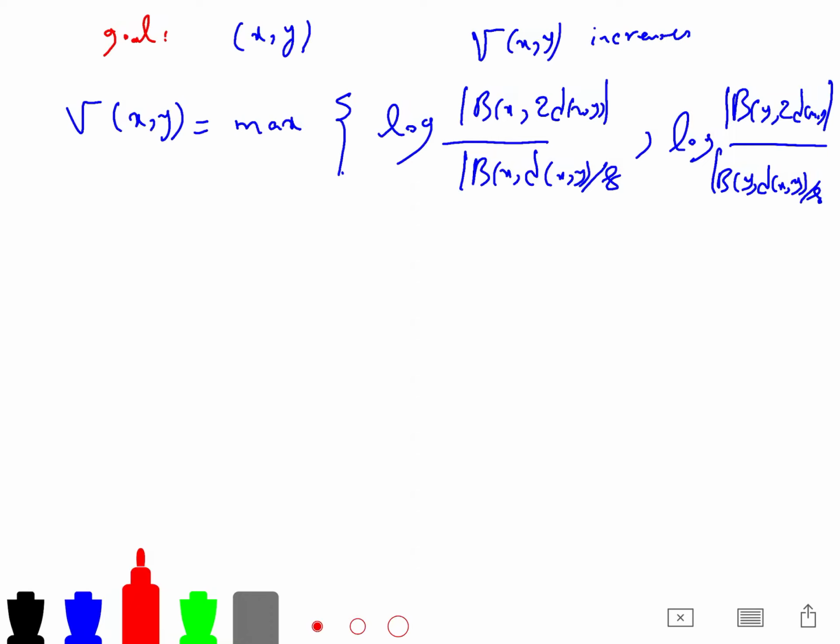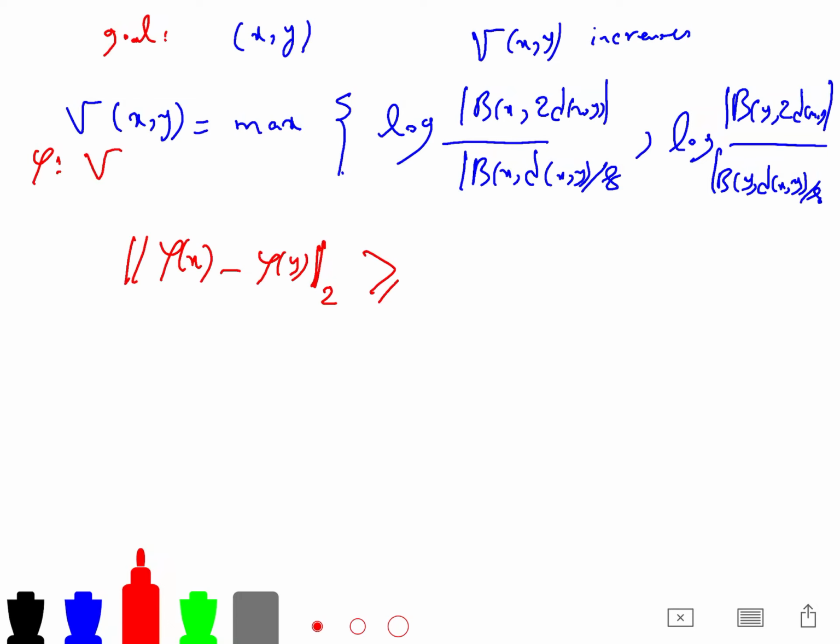And of course they proved a lemma in their paper that phi of x minus phi of y is related to this v. So phi is a randomized contracting embedding.